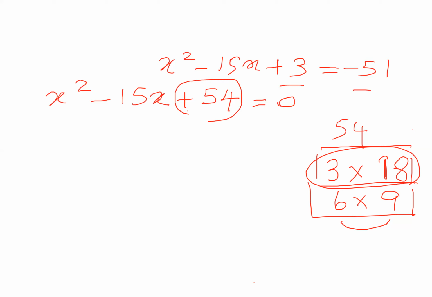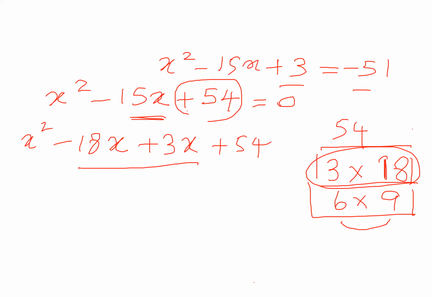So then I'll show you. Instead of this, when we write x squared minus 18x plus 3x, it can become minus 15x plus 54. When we consider these two together, we can take x outside, then x minus 18.